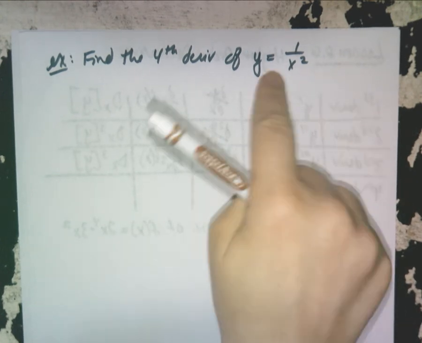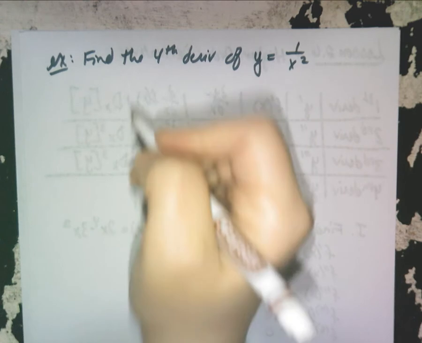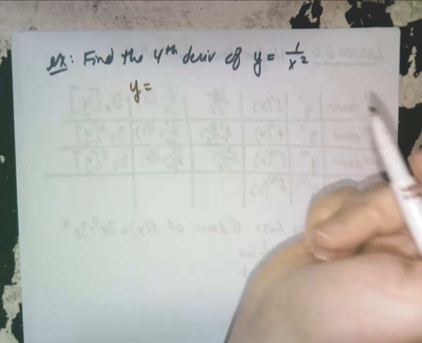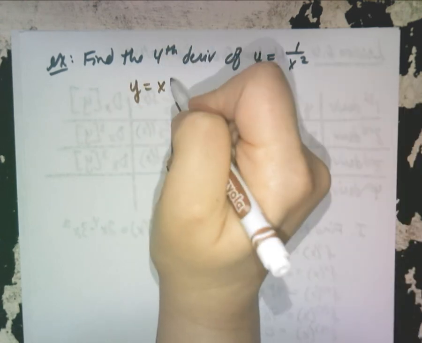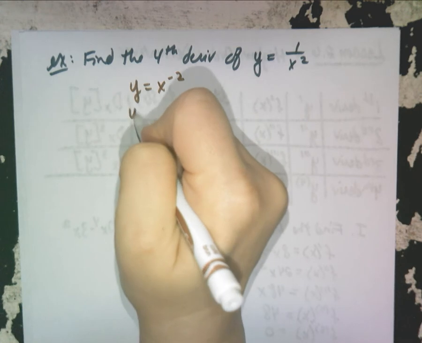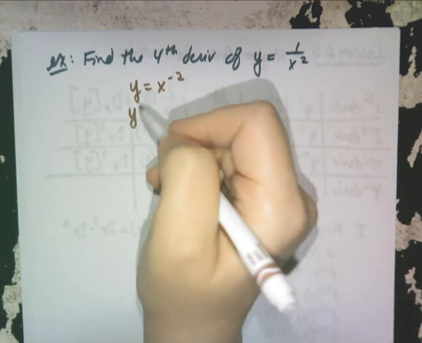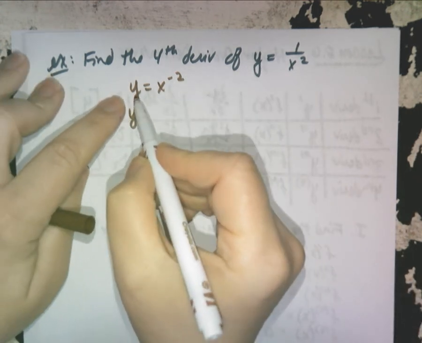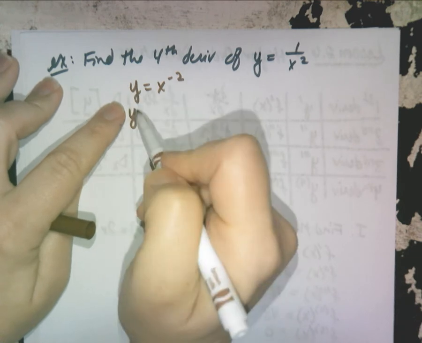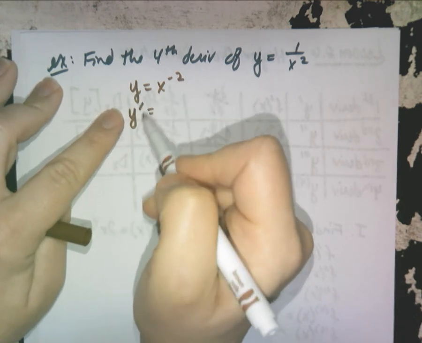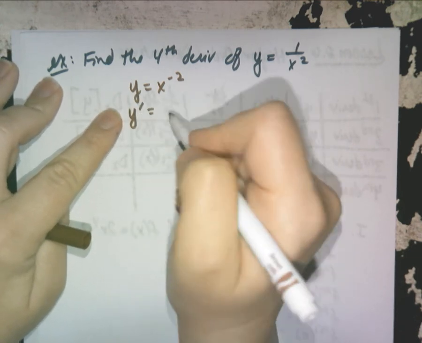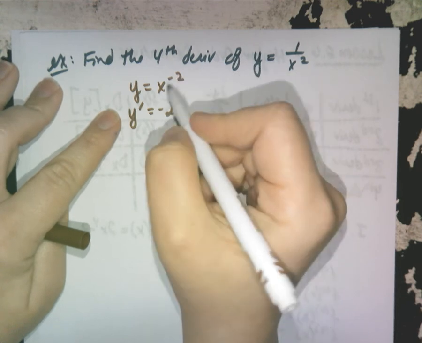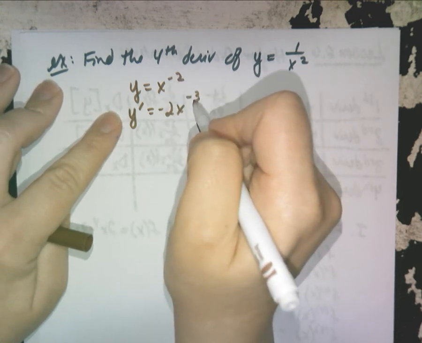What don't you like about the way this is written? What should you write it as? Y equals x to the negative 2. Okay, now take it to the 4th derivative. Now, this is why I'm very particular: when this was me rewriting y, this is me taking a derivative when I write y prime. So negative 2x to the negative 3.